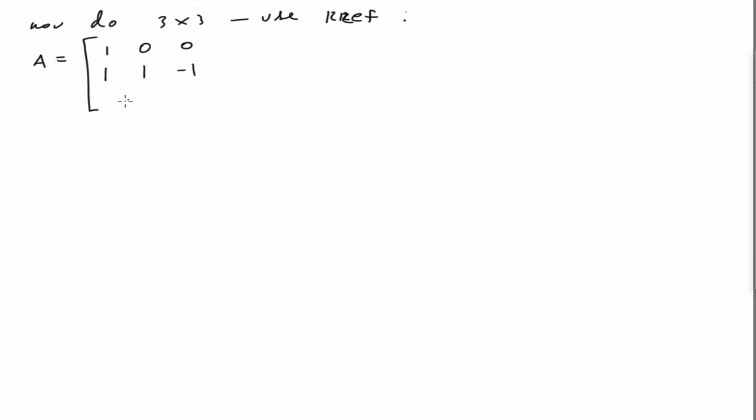Next, to finish off our video here, we're going to do a 3 by 3 matrix, and we're going to use the RREF trick. Here's a matrix. It's going to be 1, 0, 0 in the top row. The second row is 1, 1, -1, and finally -2, 0, and then a 3.